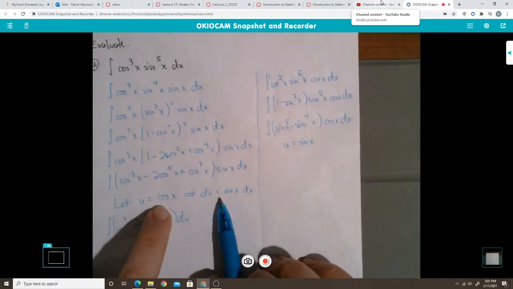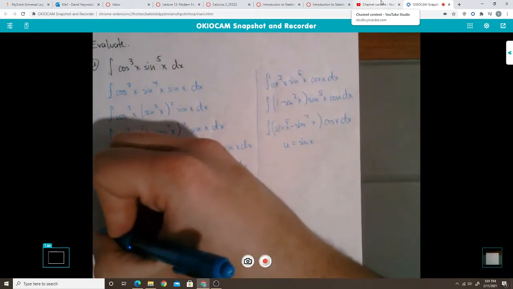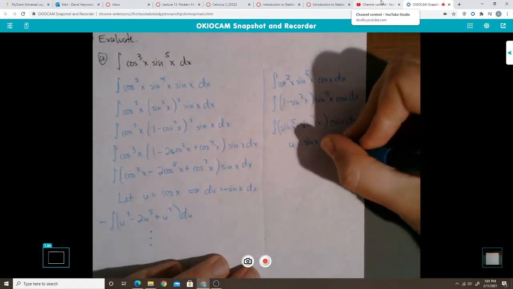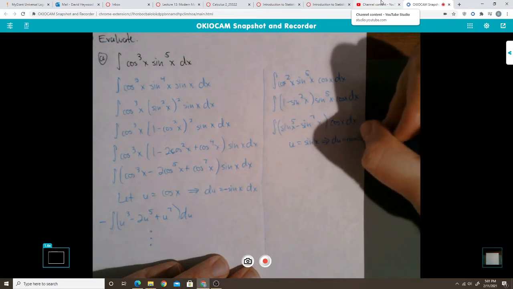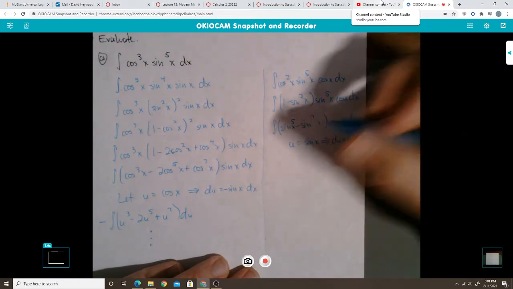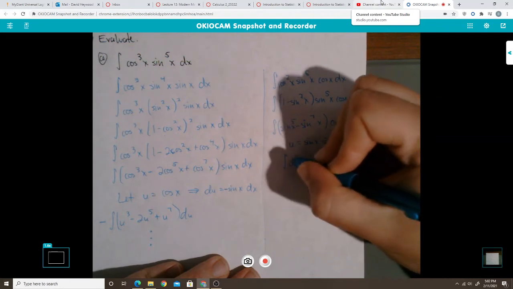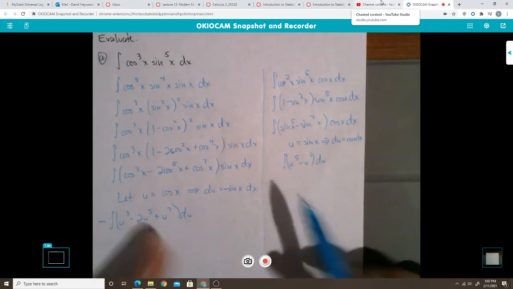Oh, here I made a mistake, didn't I? U was cosine x, that means du would be negative sine x dx. So then I would have to have a negative sign out here. My apologies. But on this one, I really will get du equals cosine x dx. And now this just becomes u to the 5th minus u to the 7th du. So quite a bit easier, and you get there a lot quicker.